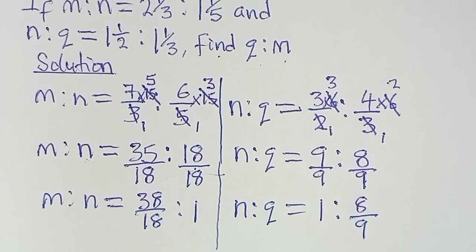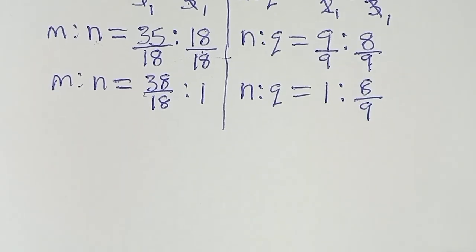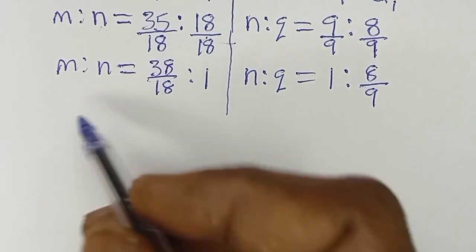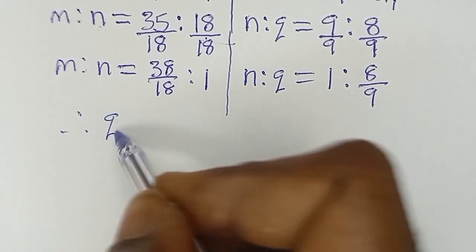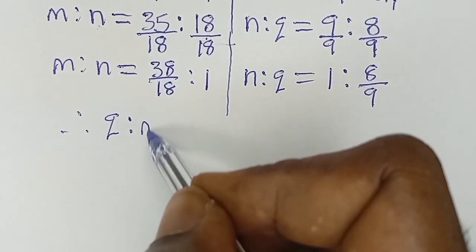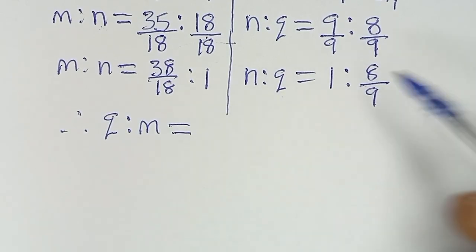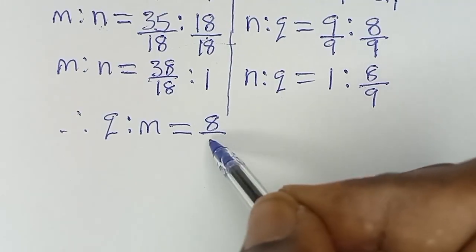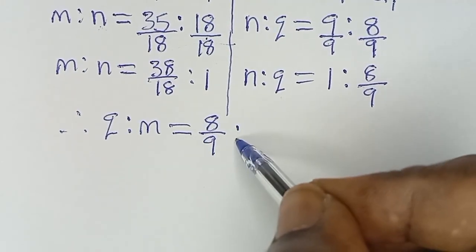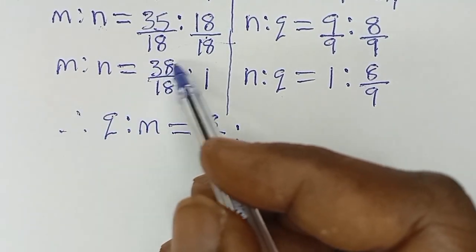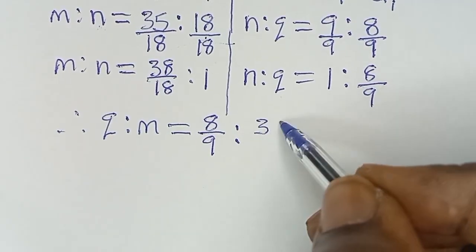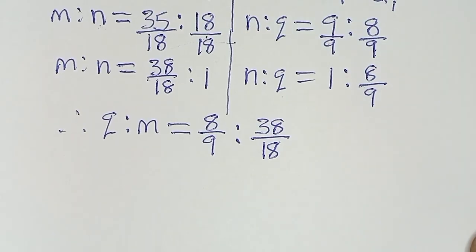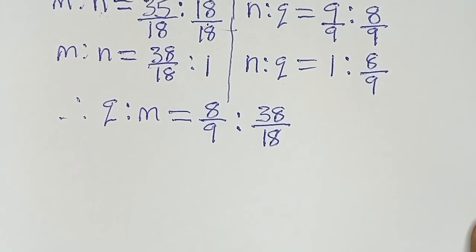So q ratio m will be equal to the value of q here, 8 over 9, ratio the value of m here, 35 over 18.